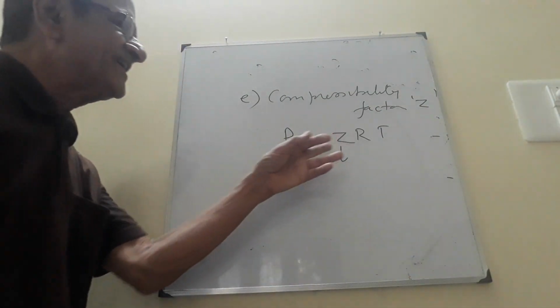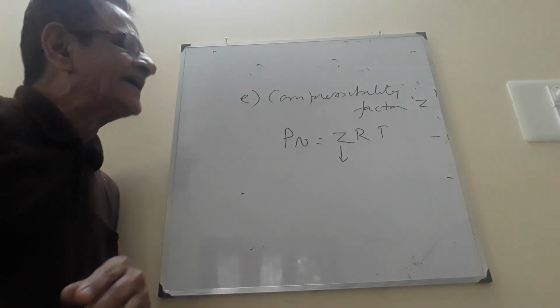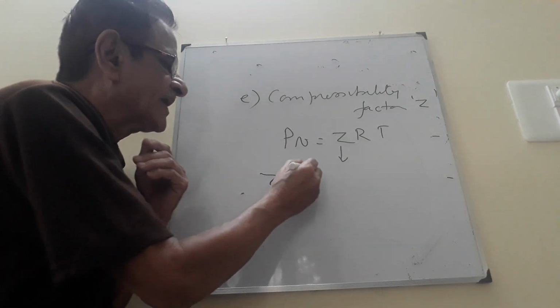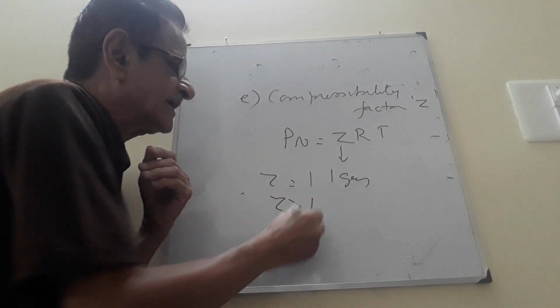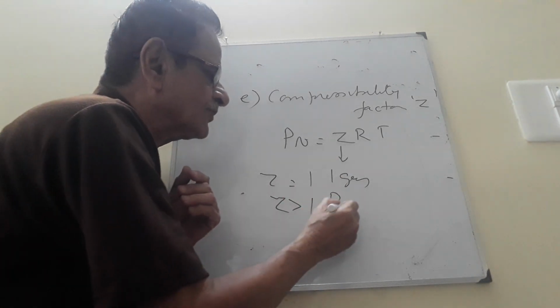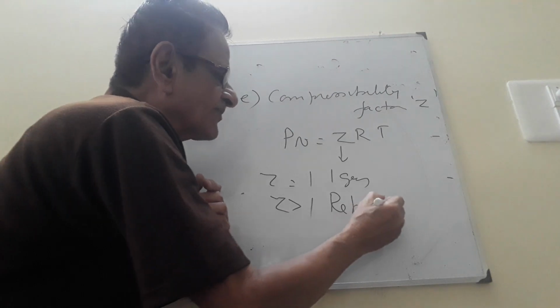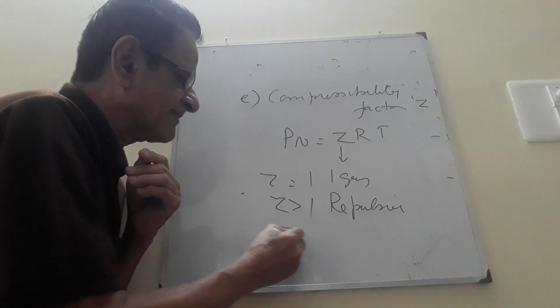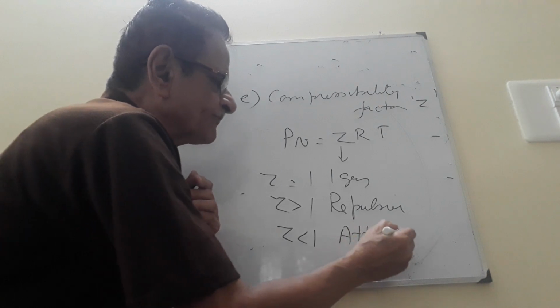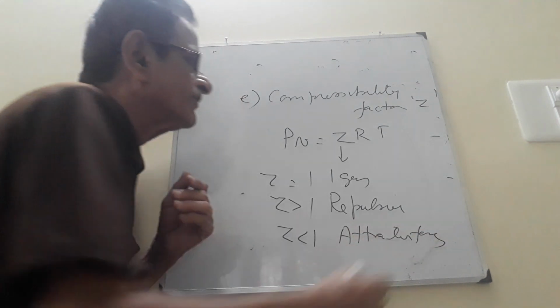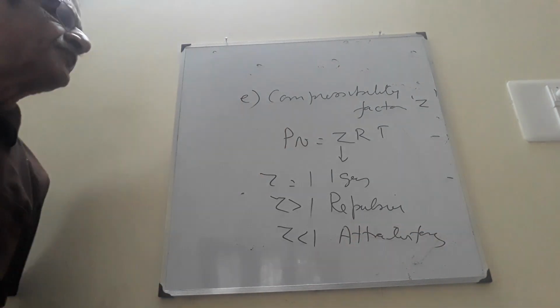If Z is equal to 1, then it is the ideal gas law. Z greater than 1 takes the repulsive forces between the molecules into account. If Z is less than 1, it takes the attractive forces. So this is your equation based on the compressibility factor.